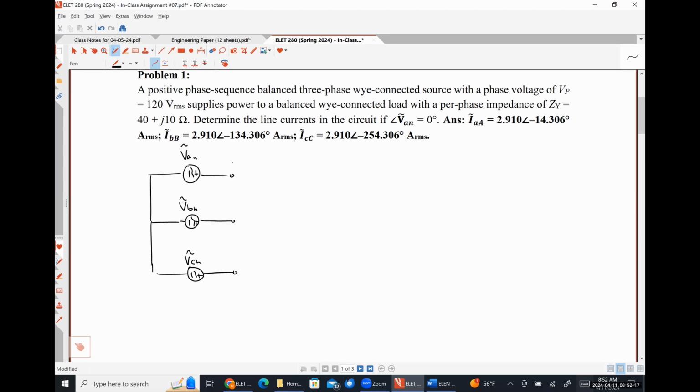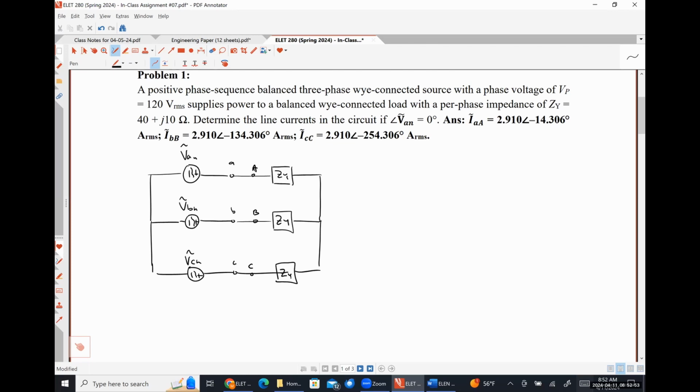Was there a transmission line impedance mentioned at all? Nope. So we're going to assume it's 0 because we were not told otherwise. So this is what our circuit would look like as a 3-phase system.